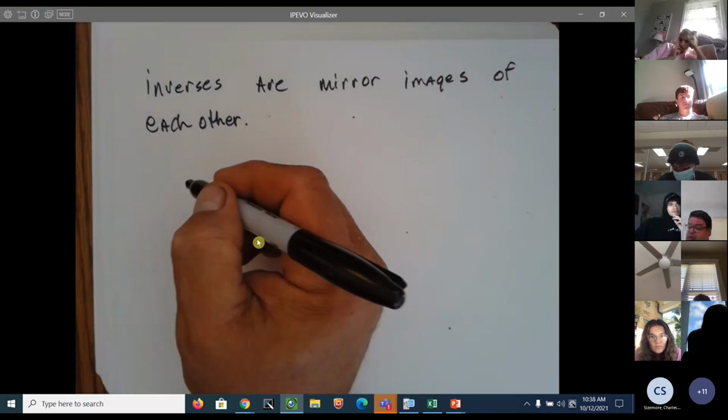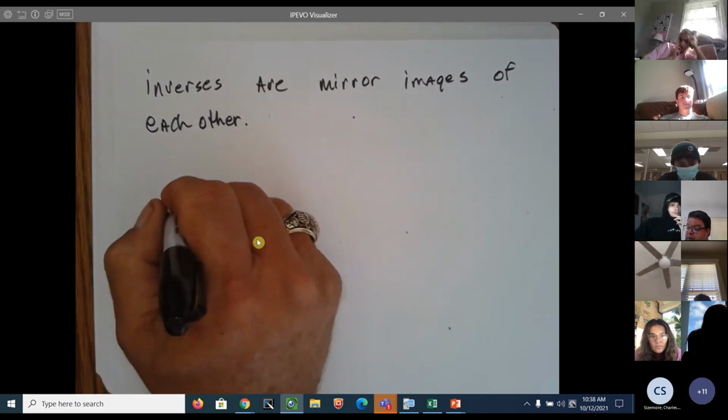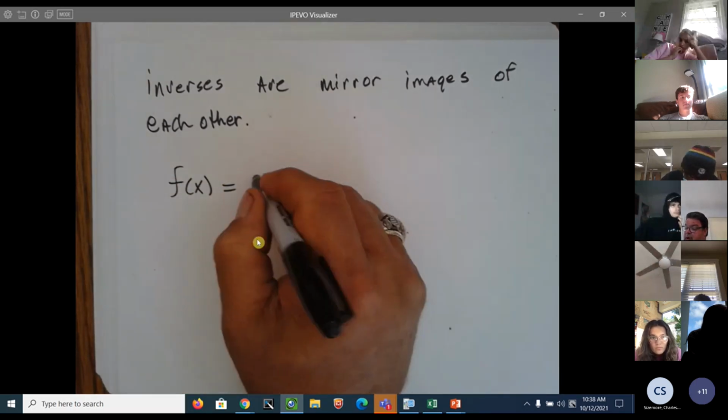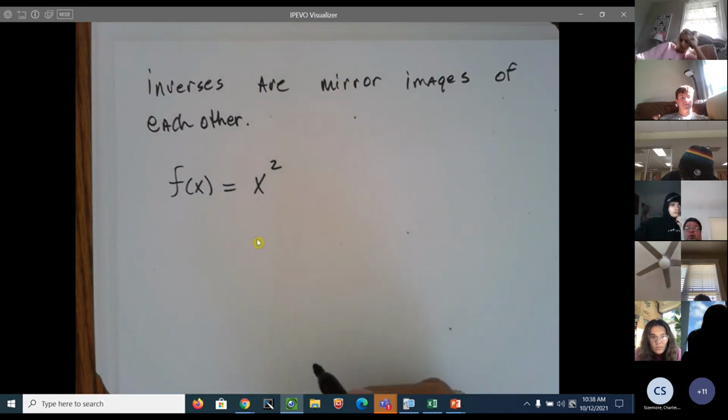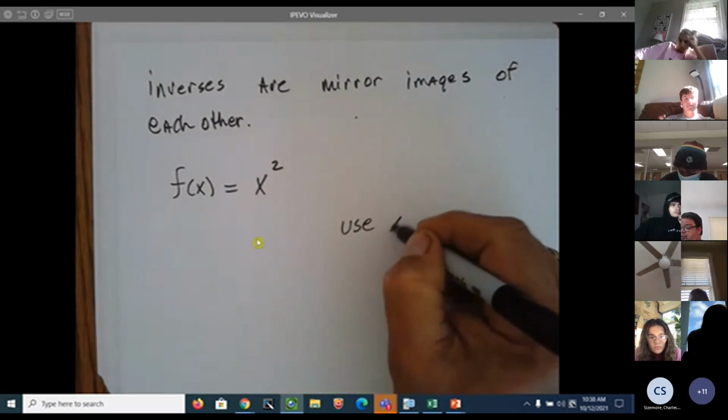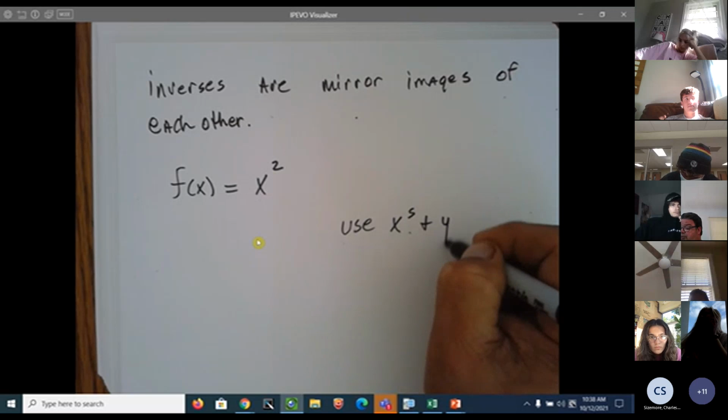Here's the function we started with. F of x is equal to x squared. What do you do to find the inverse of a function algebraically? The first thing you do, use x's and y's.